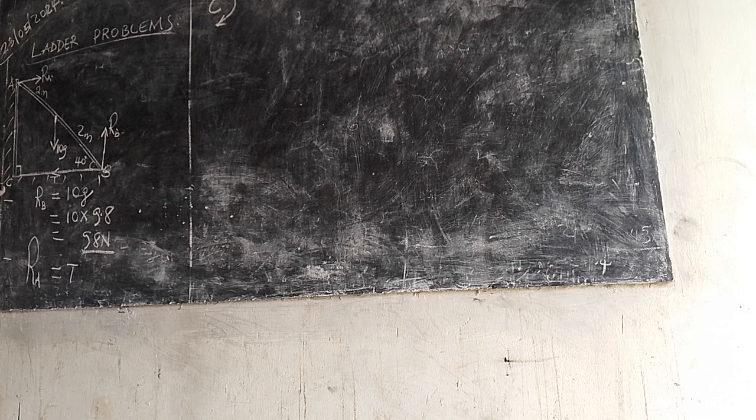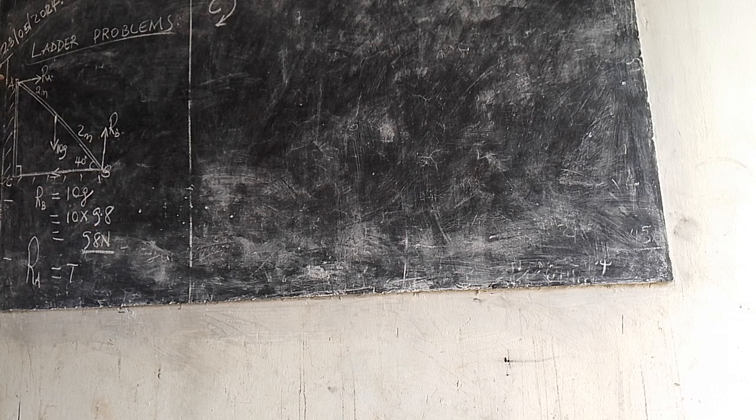At point C, this T will be 0 because it's already in C. A force that passes through C has a moment of 0. The friction force is also 0 because it is in C. If I take moments at B, the other B will be 0.